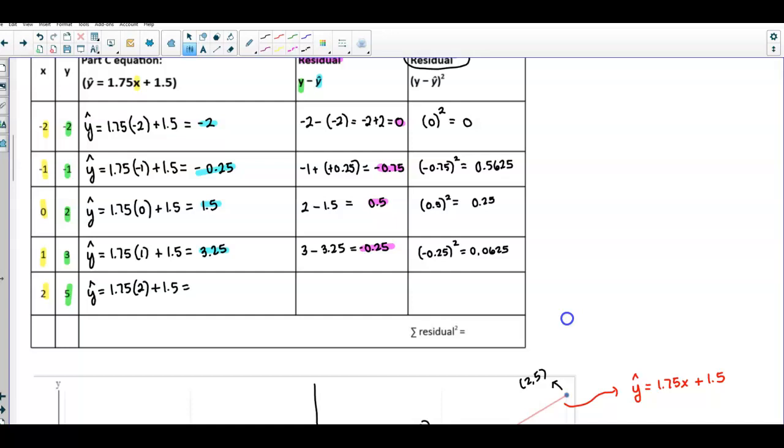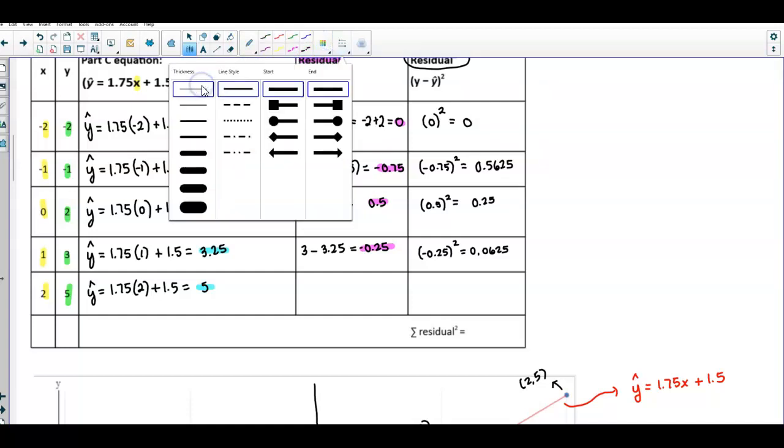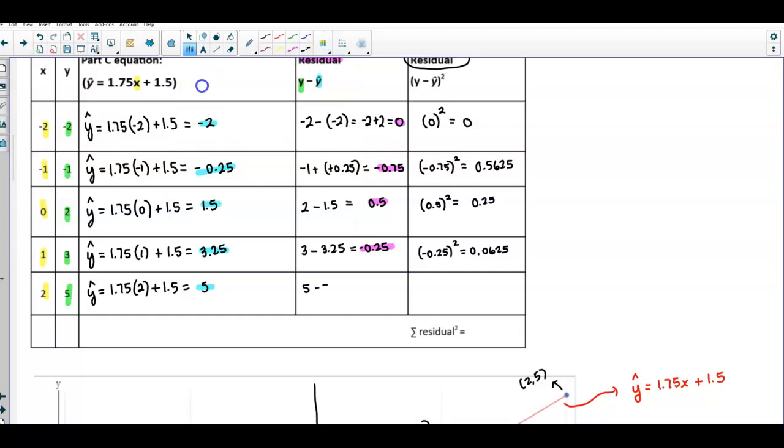So 1.75 times 2 plus 1.5 is going to give us 5. And therefore, there is our value for y hat. Now we're going to take the y value of 5 and subtract 5, and that's going to give us 0, which gives us a residual of 0.